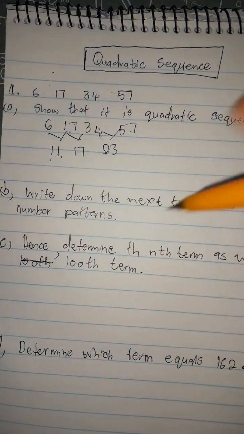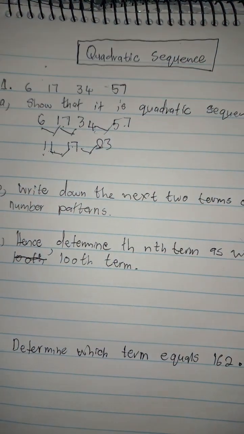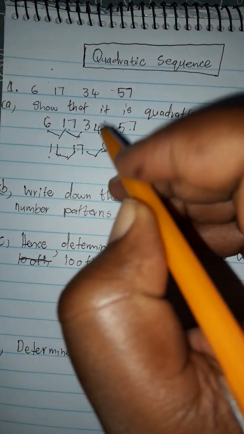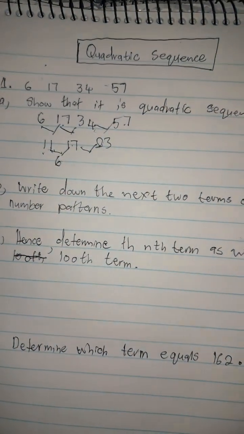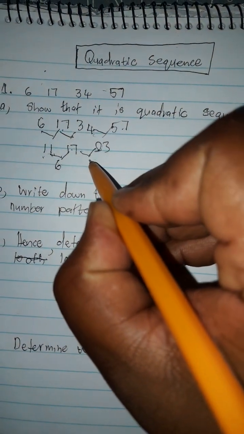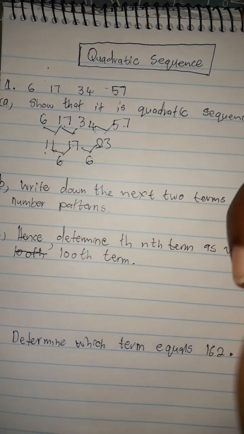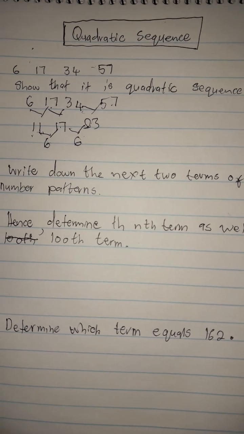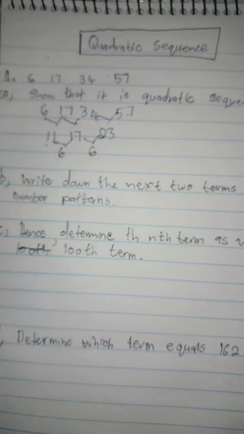So this is our first difference. Now we need to find the second difference. What is 17 minus 11? That will be 6. What is 23 minus 17? That will be 6 as well. So we can see, guys, this is a quadratic sequence because it has two differences, right?